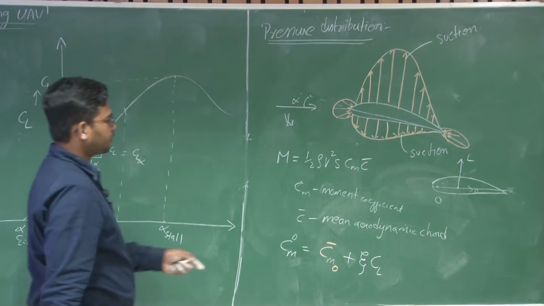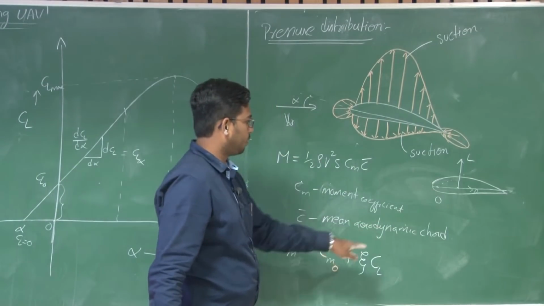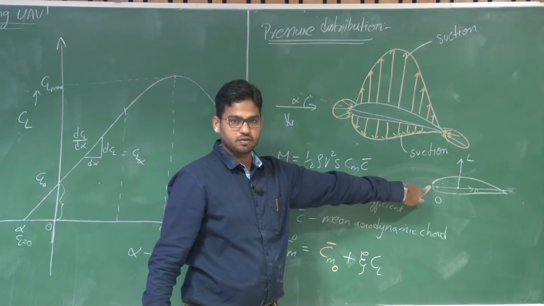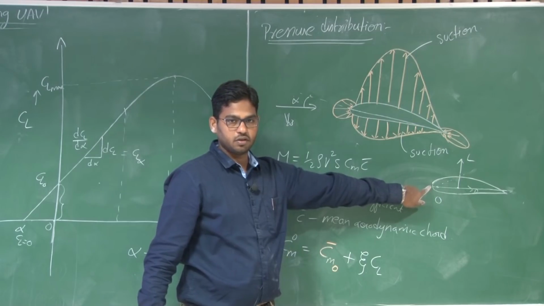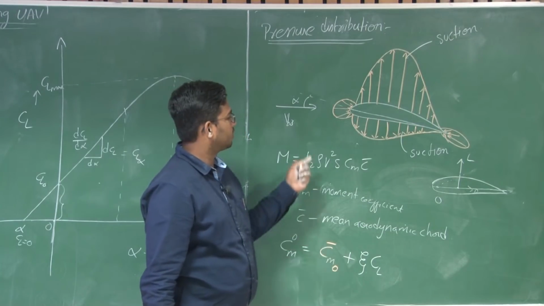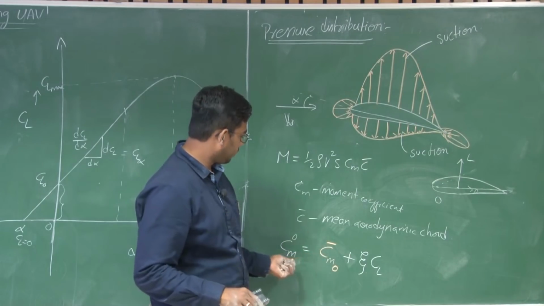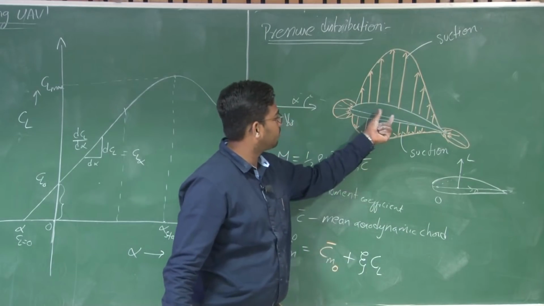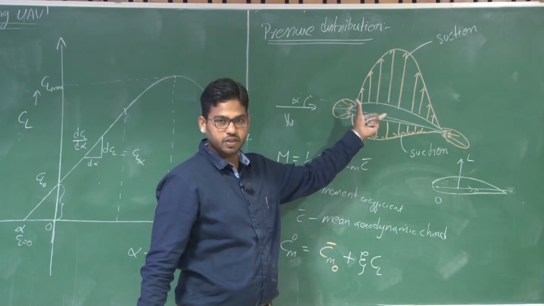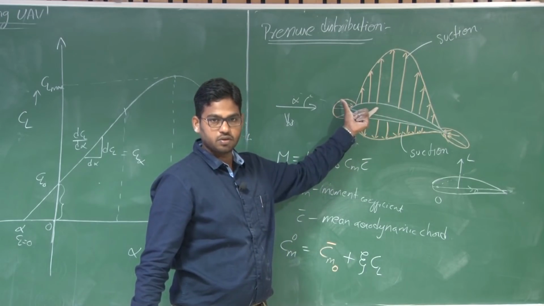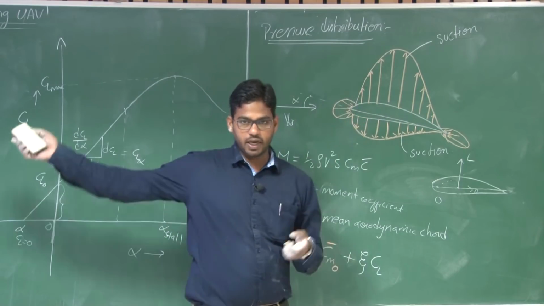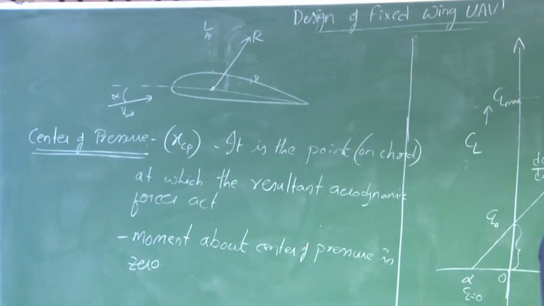Now let us consider this point O, or the moment reference point, at the leading edge, right? Now XCP will be acting somewhere else, that means the lift is acting at that point. Do you accept that? So lift will act at XCP right here. So what does zeta become?